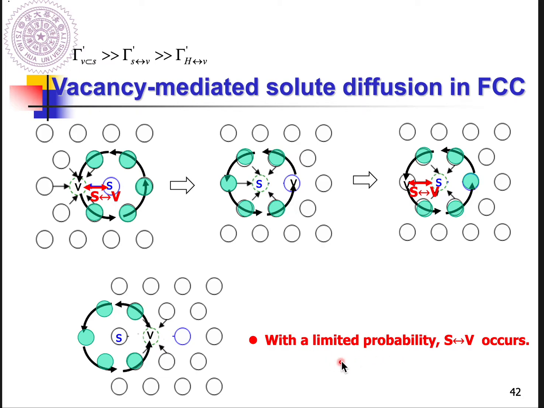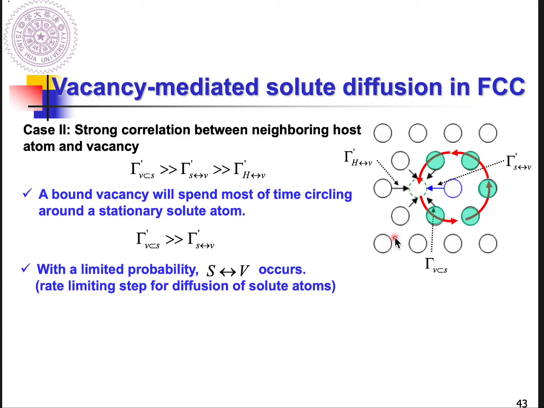So the limiting step is the jumping process between the solute and the vacancy. So when we write down the diffusivity for this solute bound with the vacancy, as we mentioned, it will be proportional to the atomic jump rate between the solute and the vacancy.